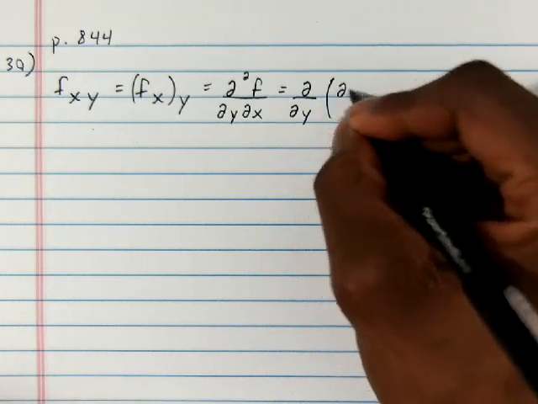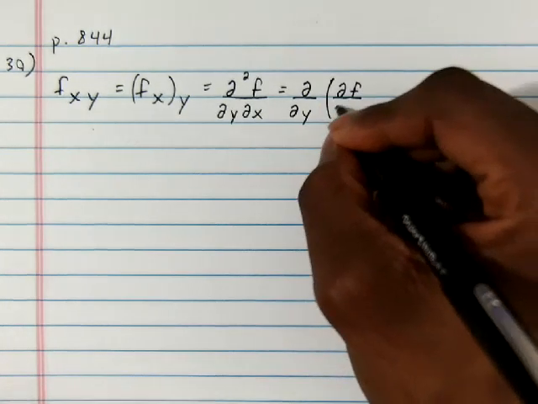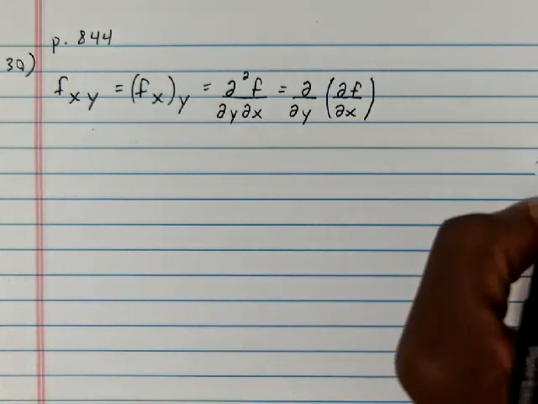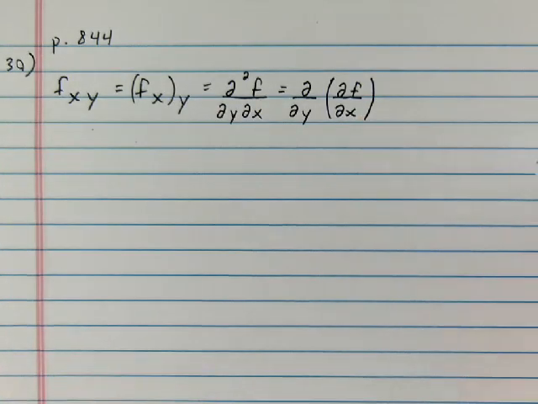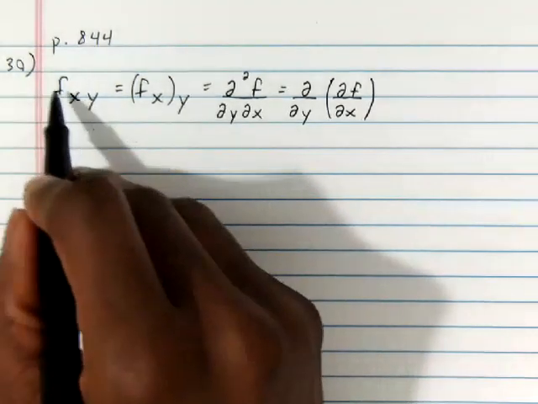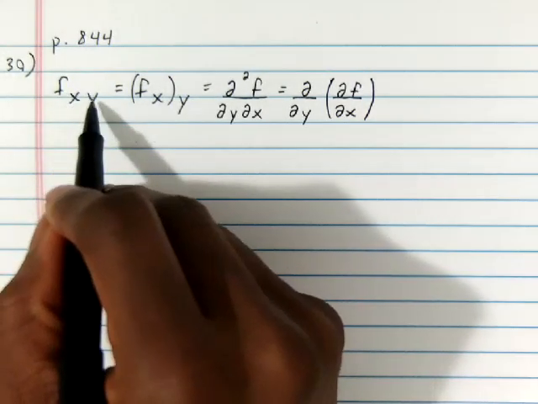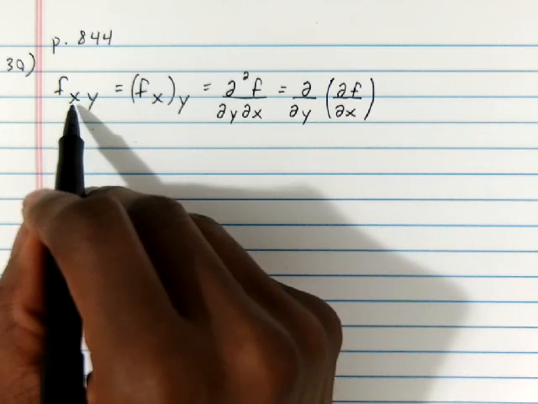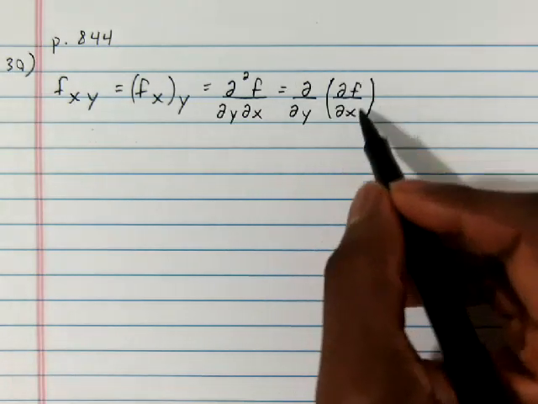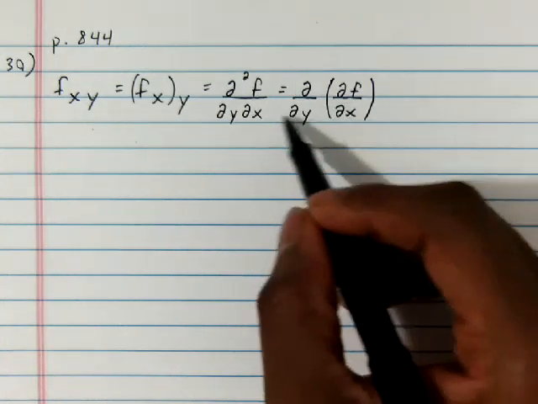The partial of f with respect to x. So all of those are the same thing. Notationally, this is also equal to some other things, but notationally, those are all the same thing. The partial of f sub xy is you take the partial of f with respect to x first, and then with respect to y. That's the same thing this says. So that's why the notation here is flipped.